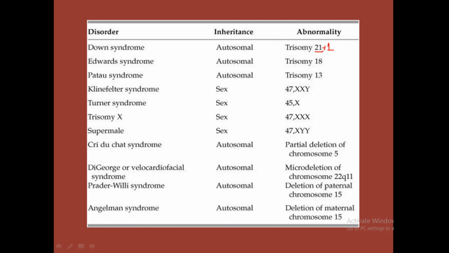In Edwards syndrome there is trisomy of 18, that is the chromosome present in 18, but one extra chromosome comes and joins here. That's why there is trisomy. In Patau syndrome there is trisomy of chromosome number 13.